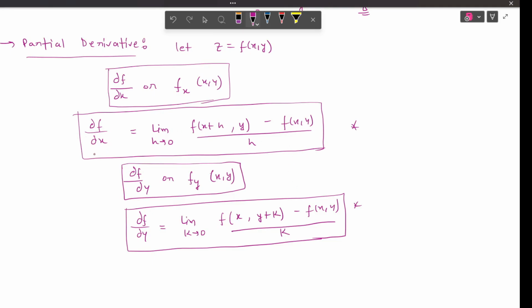Whenever you are doing partial derivative of the function with respect to x, you have to add h to x, keeping y constant. And whenever you are doing partial derivative with respect to y, keep x constant and add k to y. That's how you have to remember.